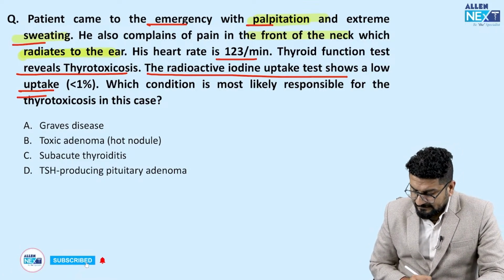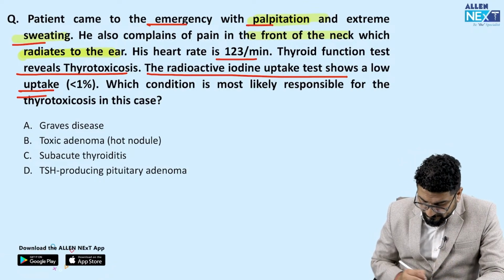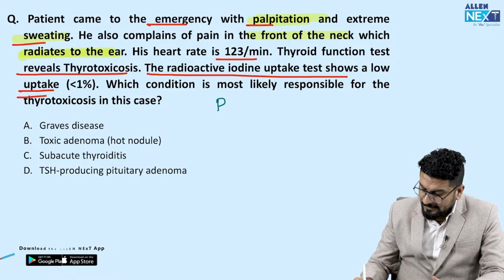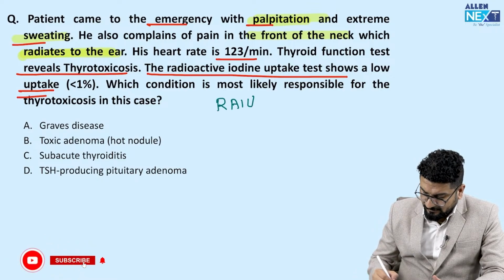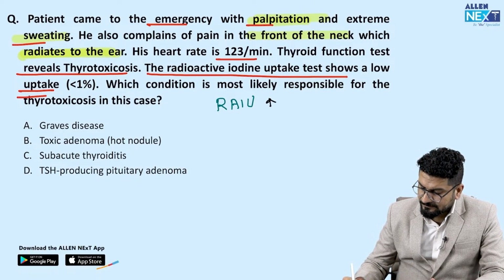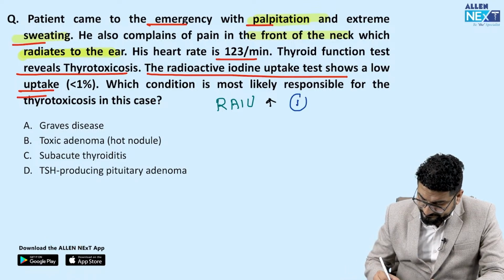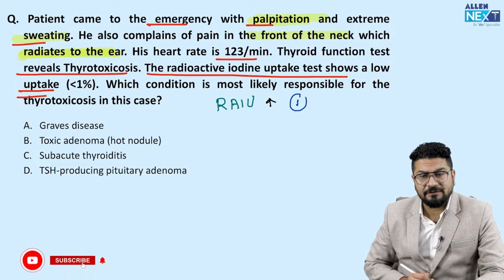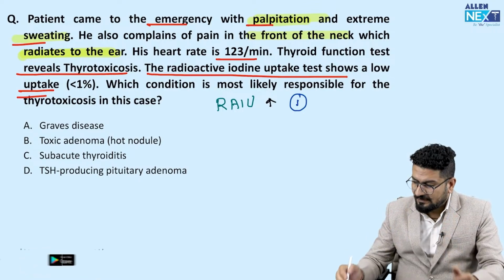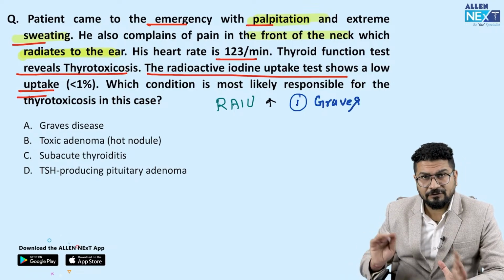Now, try to understand this. The question is a little difficult, so just try to understand it. The hint is radioactive iodine uptake, we call this RAIU. This uptake is increased whenever your gland is working more. So what are the conditions where your gland is working more? It can be equally increased in both lobes in Graves' disease.